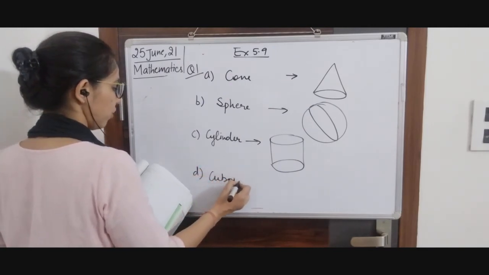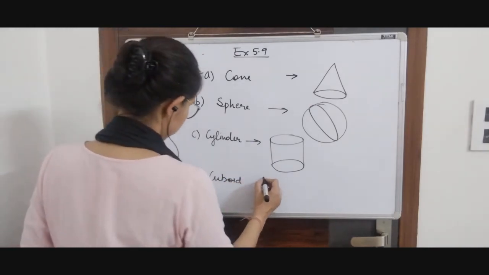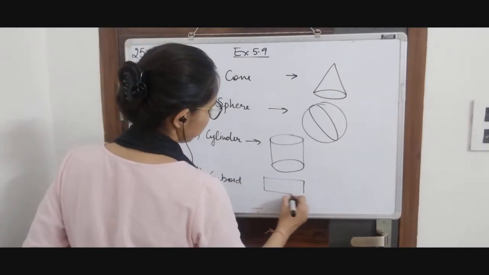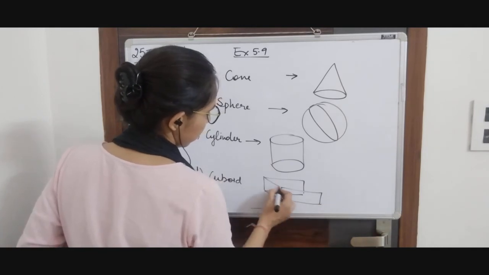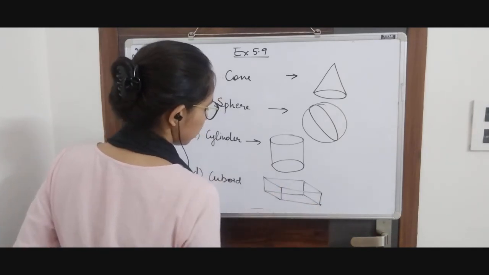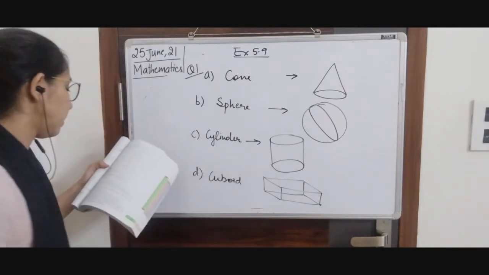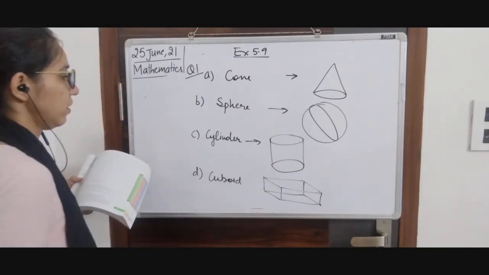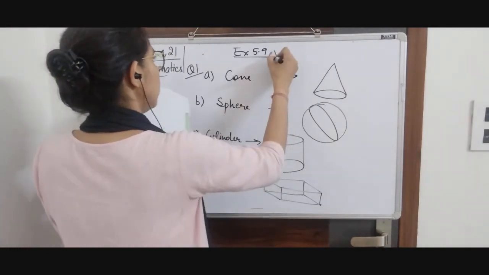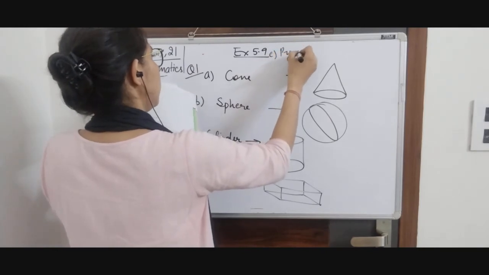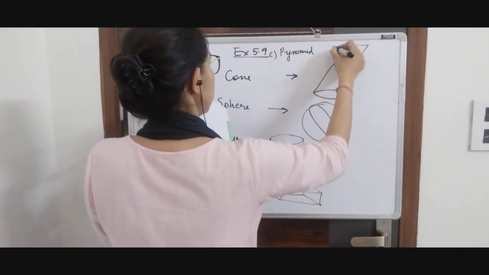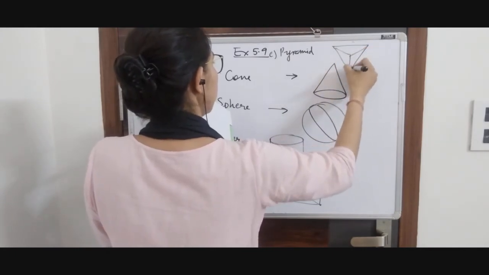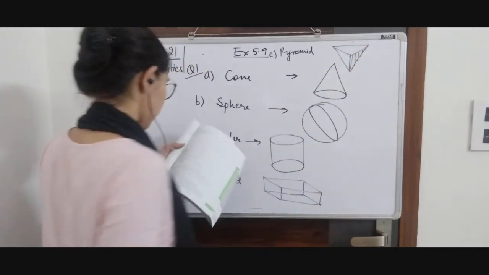Cuboid, as we have already drawn, is like your matchbox, your geometry box, rectangles joined in 3D. E is pyramid. The left out figure is your pyramid, which is like this. Okay, this is your pyramid.